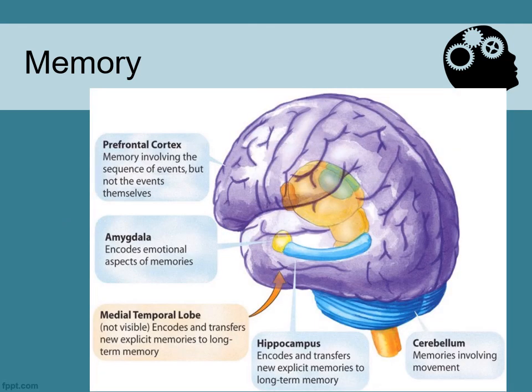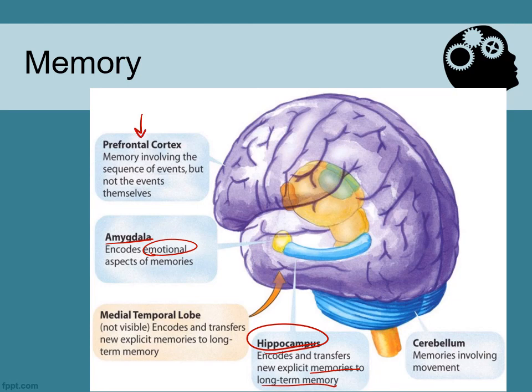Long-term memory storage happens a lot in the hippocampus, so this is our transferring to long-term memory. The amygdala is more for the emotional pieces of memories. And then this is super cool.